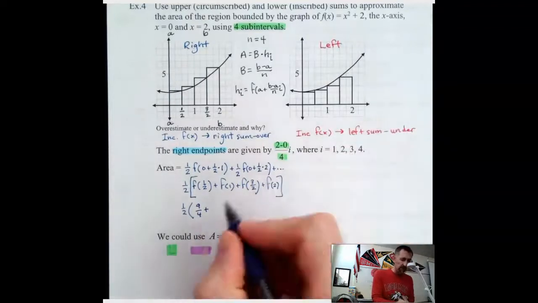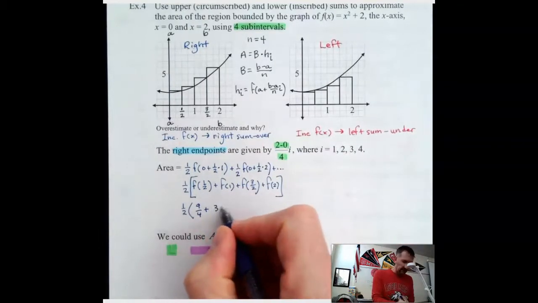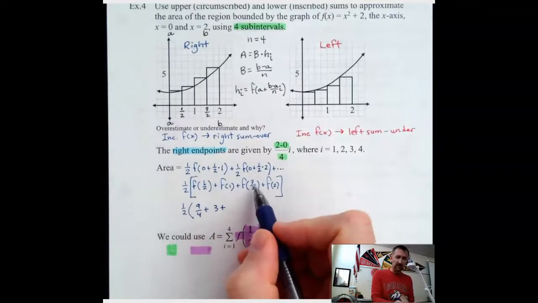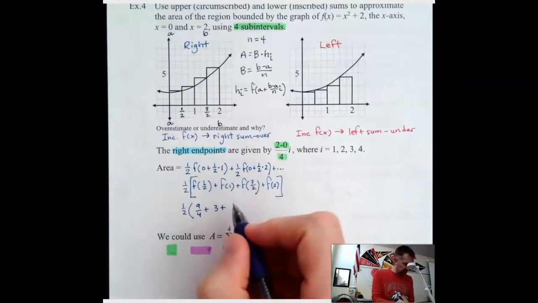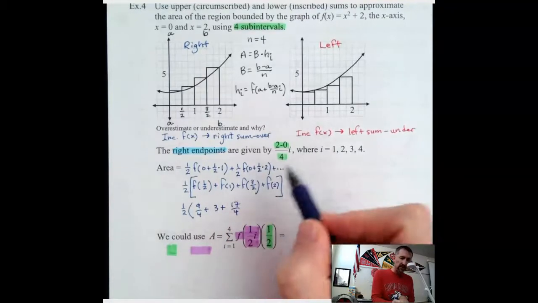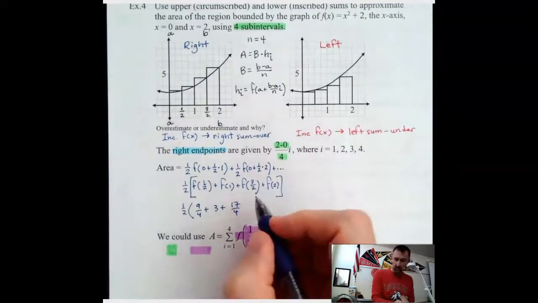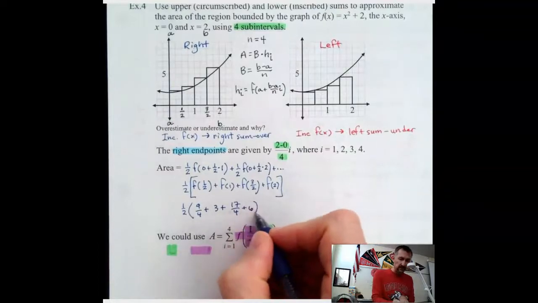If we plug 1 in there, we just get 3. If we plug 3/2 in there, we're going to get 9/4 plus 8/4, so that's going to be 17/4. And if we plug 2 in there, 2 squared is 4, plus 2 is 6.